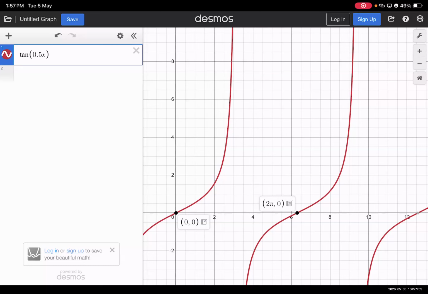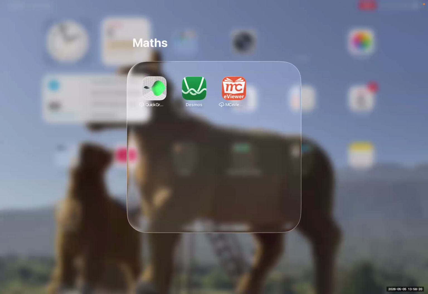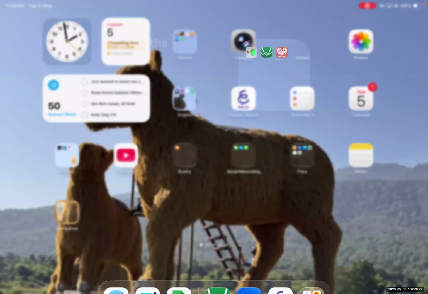Remember, it's a 2x4 table. 2 rows, 4 columns, because you need to have the indicator.